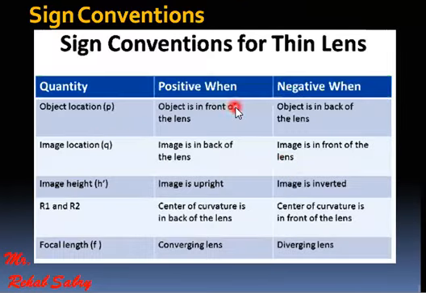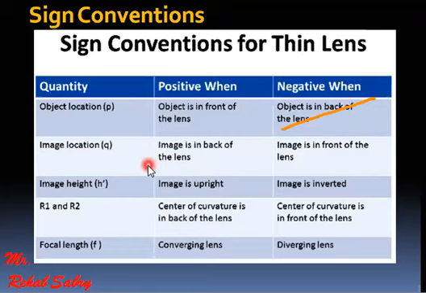The object location is positive in our study, and the negative case is not in our study. The image location: if the image is in back of the lens, in its real position, in the expected side, it will be positive.